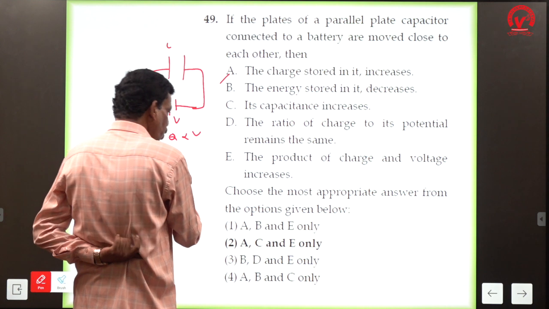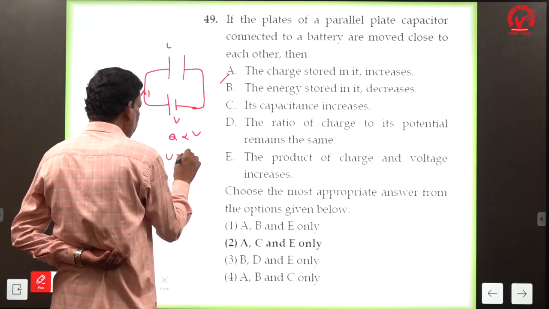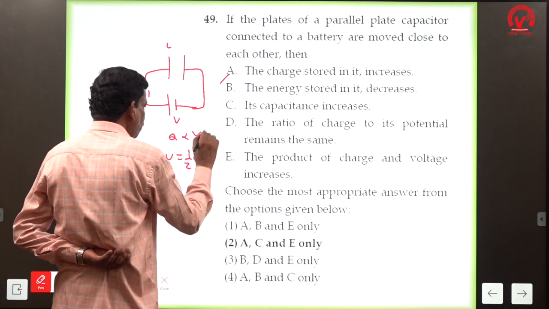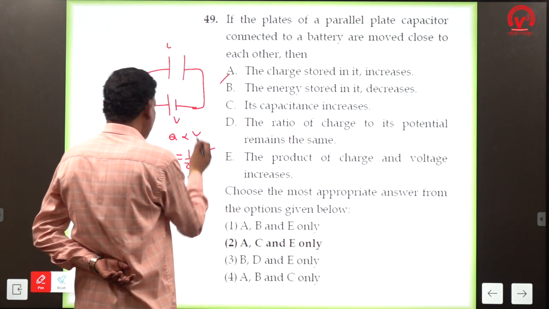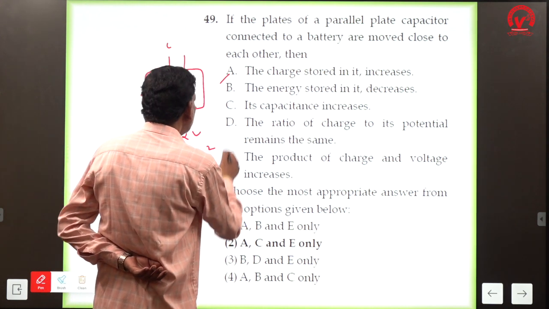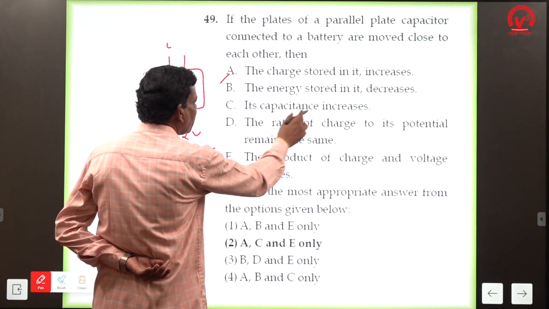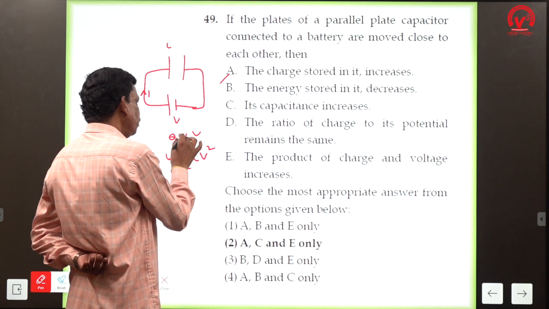Wrong. Why? U is equal to half CV square. When the battery is connected, the potential is given, and the energy increases, so that is wrong. Second, its capacitance increases, since Q is equal to CV.